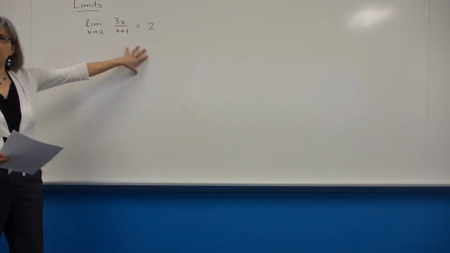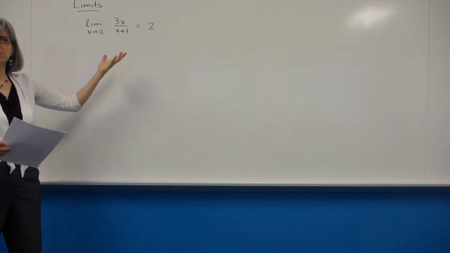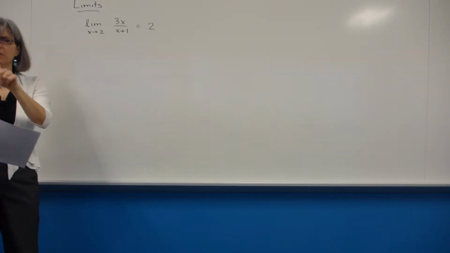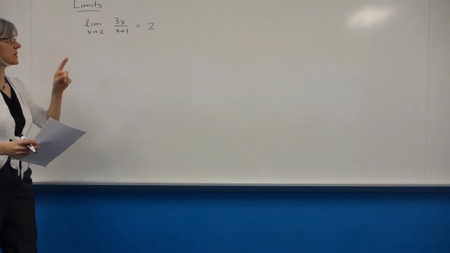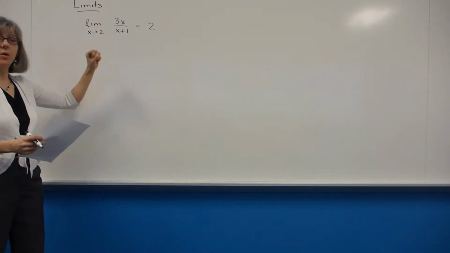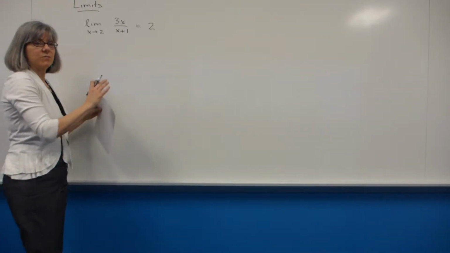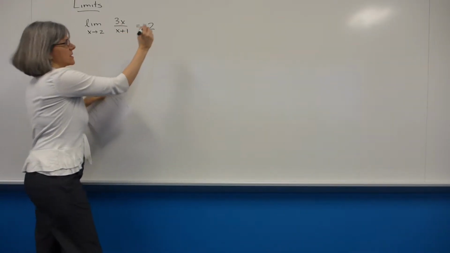What does this suggest about continuity? When I look at this, is it a vertical asymptote? No. Am I looking towards infinity, a horizontal asymptote? No. Is it a hole in the graph because I had something canceled? No. So it's not a cusp, it doesn't happen. This is continuous right here.